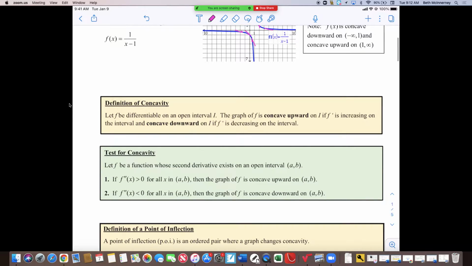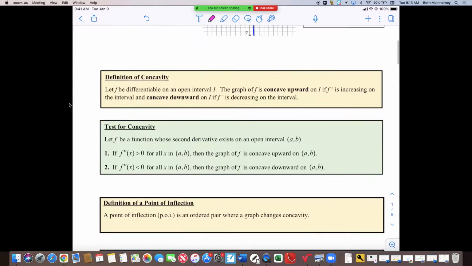Let f be a function whose second derivative exists on an open interval from a to b. Then, if f double prime of x is greater than 0 for all x in that interval, then the graph of f is concave upward. If f double prime of x is less than 0, then the graph is concave down.